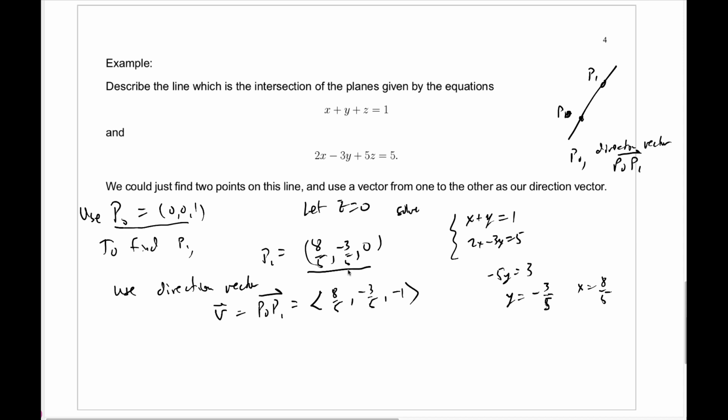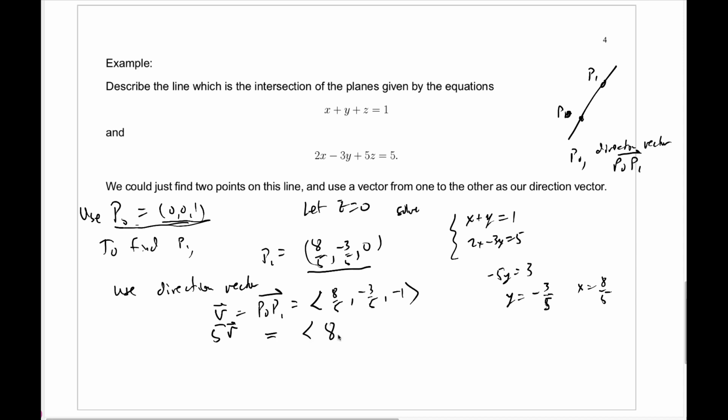Now, what will I get if I want to find a line containing this point, say P0, and this direction vector? Well, I claim we have the same line we had before, because if I just look at the vector 5V, which is a vector in this exact same direction, I could have used that as the direction vector for my line.